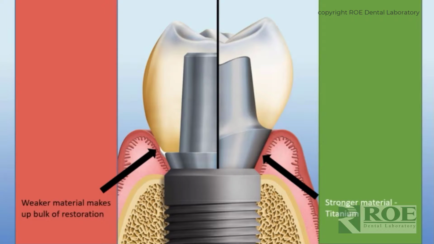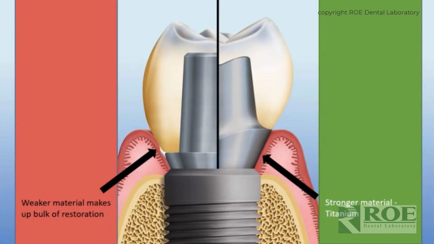One of the main reasons, and I'll just go through some quick bullet points here, is material strength. If you have a stock abutment, the margin is generally very low, subgingival, sometimes all the way down at the implant level. And the material that has to make up the difference up to the tissue and up to the crown is a weaker material than titanium.